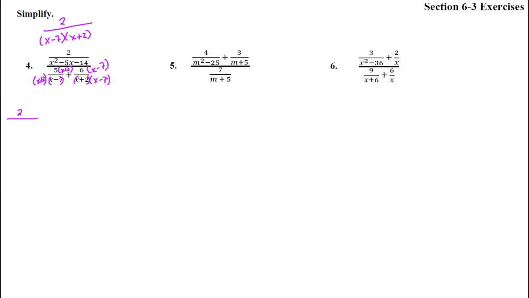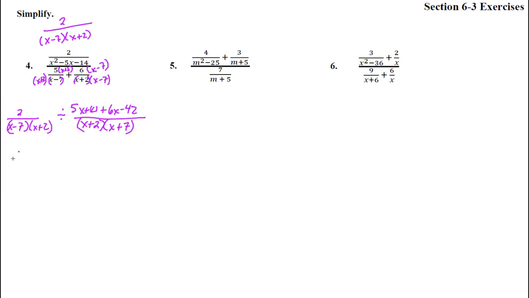So let's go ahead and write this out. We get 2 over x minus 7 times x plus 2, and then divided by the bottom number, which is 5x plus 10 plus 6x minus 42, all over x plus 2 times x plus 7.